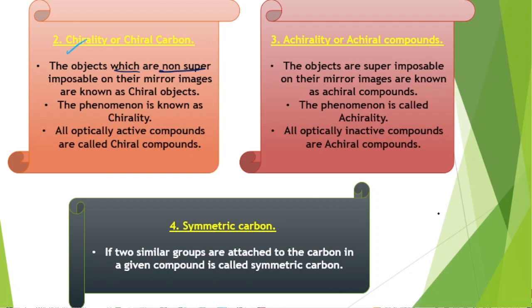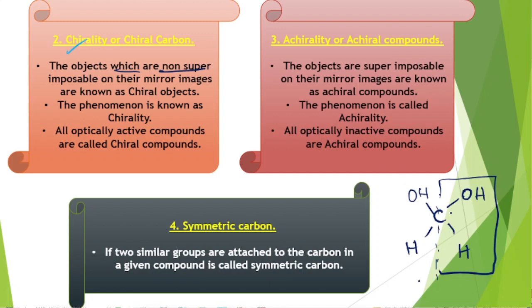For example, you take a carbon and attach OH, H, OH, H. Now, if you place this in front of a mirror, the same will be reflected on the other side of the mirror. So these are superimposable images.